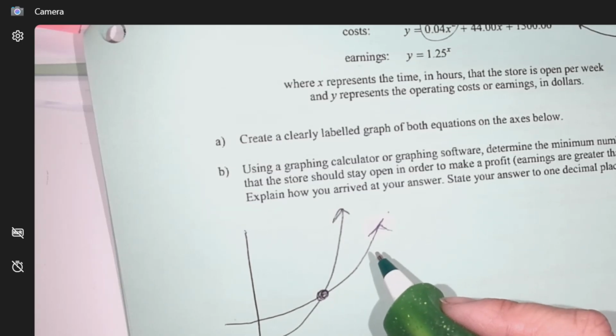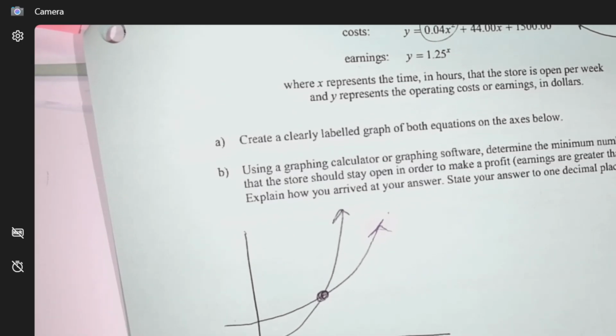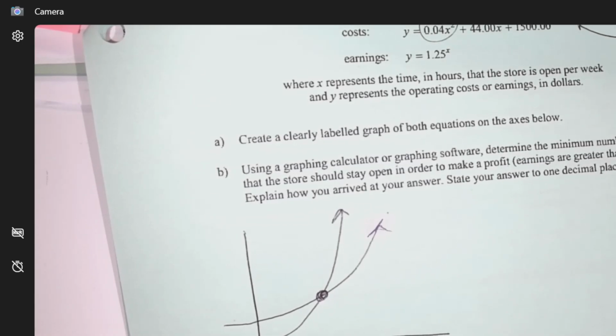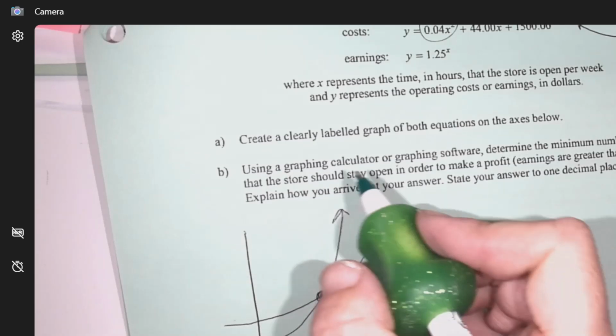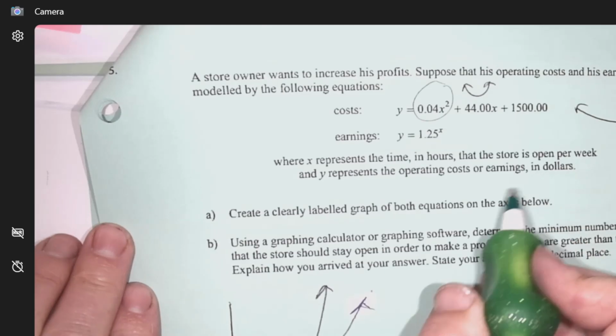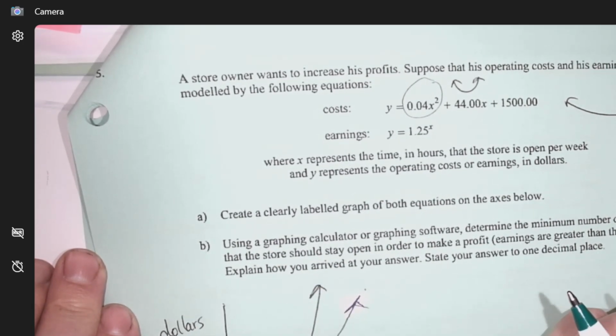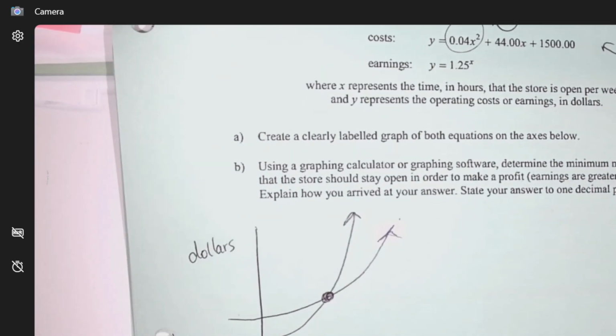Okay, what is our x variable? What is our x variable? Time in hours. And our y variable is the dollars. It's either the cost or the earning, but the dollar amount.